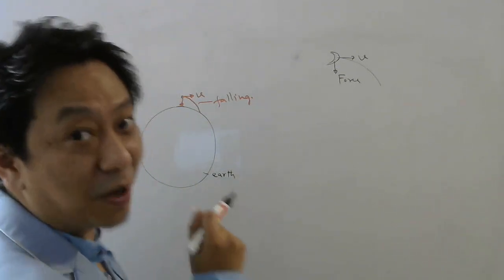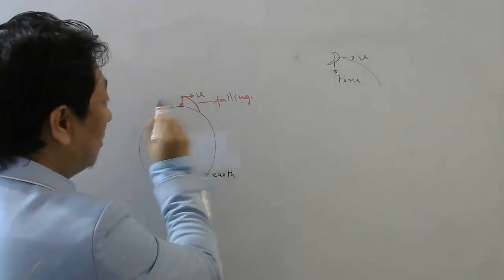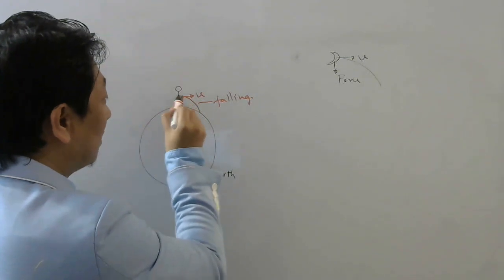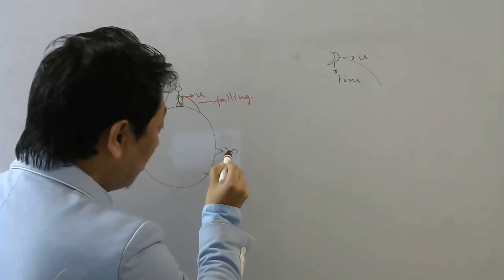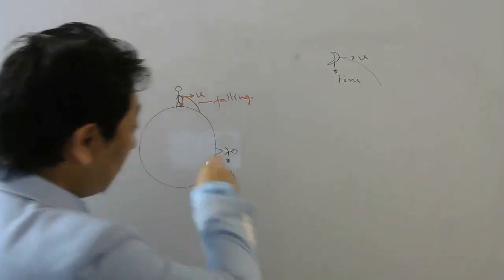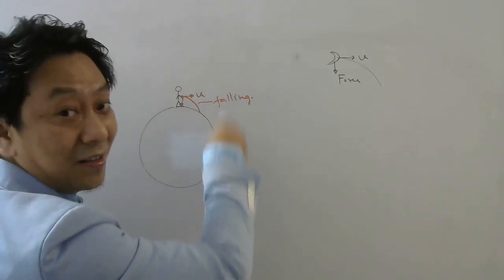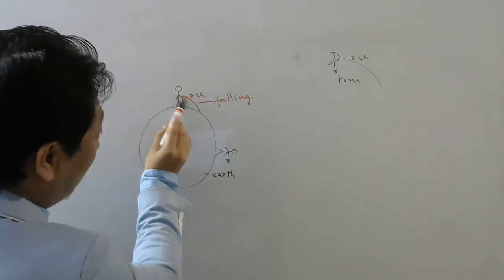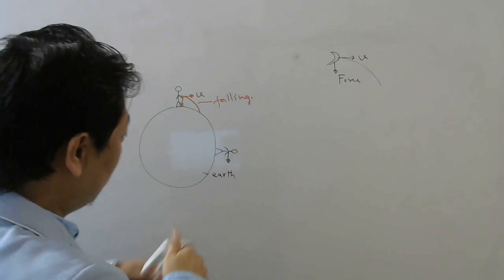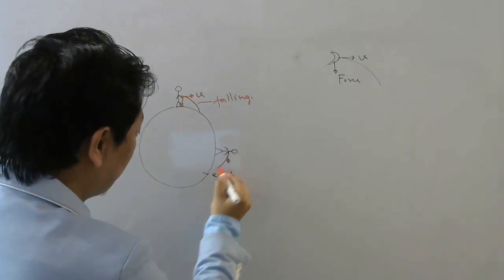Now try to understand one point. This apple was thrown by somebody standing here, right? Similarly, what if there was a person standing here and he throws the ball this way? Remember, for him this is horizontal, right? For him this is horizontal. So just like this apple fell this way, even this apple would fall this way, isn't it?